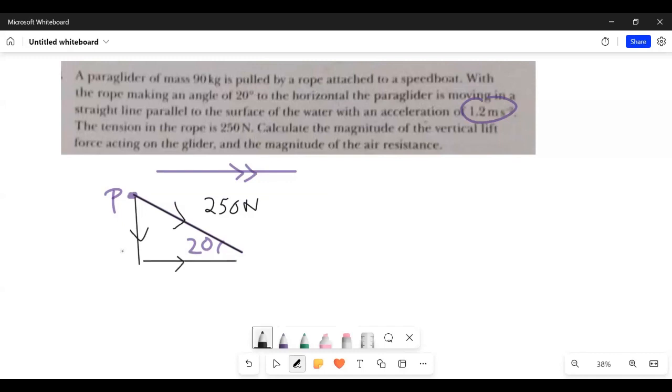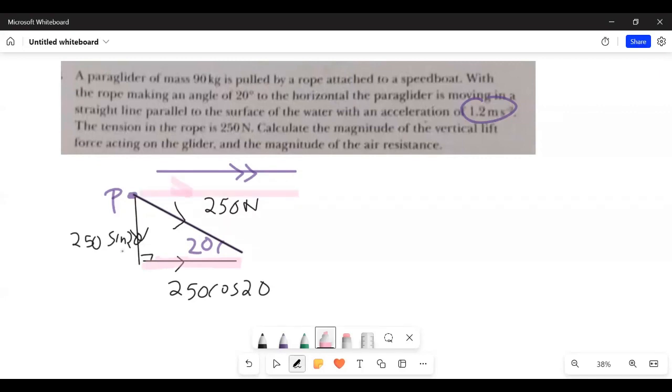Okay. So we know the 20-degree angle, so we can resolve the force. The one opposite to the angle is the sine component. So this would be 250 sine 20. And the other one is 250 cos 20. Okay, these are the two components. They're actually acting on P because the tension is acting on P. So instead of making this here, you can also make this here.